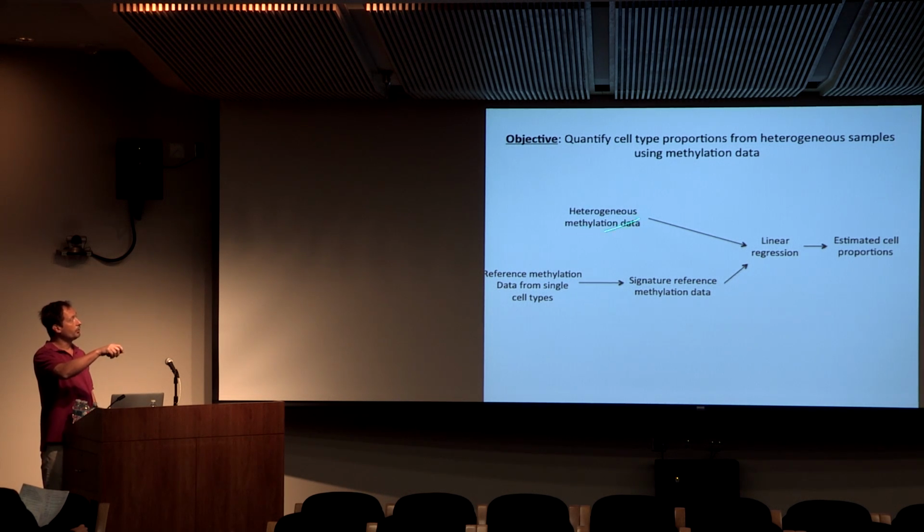Then we input the heterogeneous methylation data that comes from our biopsies, such as the adipose. And then we perform linear regression, in this case non-negative linear regression, to infer the relative contribution of each of these individual cell types to the mixed data that we collect. At the end, we can estimate the proportion of each of these cell types within our mixture.